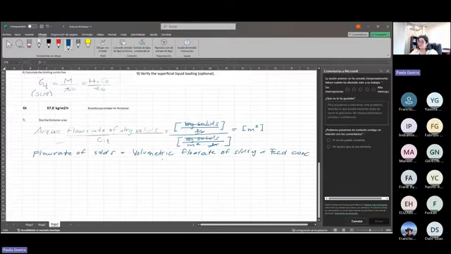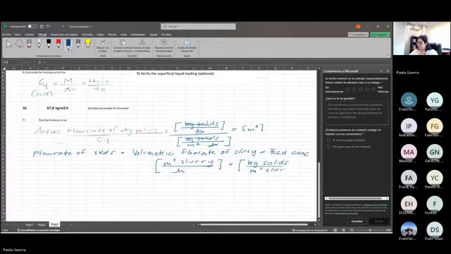So if we analyze this dimensionally, this is going to be cubic meters of slurry over time times the feed concentration, which is going to be in units of kilograms of solids over cubic meters of slurry. So again, these two are going to get cancelled out. I'm going to look at kilograms per hour.